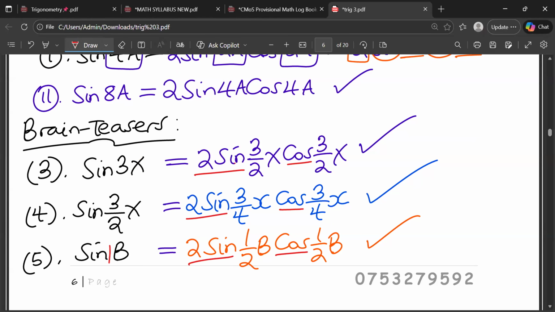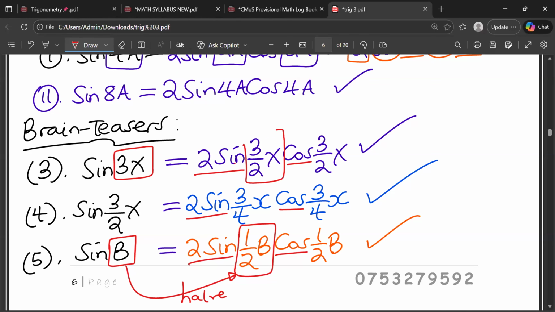Then you just need to know that if this is b, the angle here must be half of that angle. We should halve. Same thing. You should just make sure that if this is 3x, the angle here is the result of halving. So you halve. Like that. You don't see anything hard there.